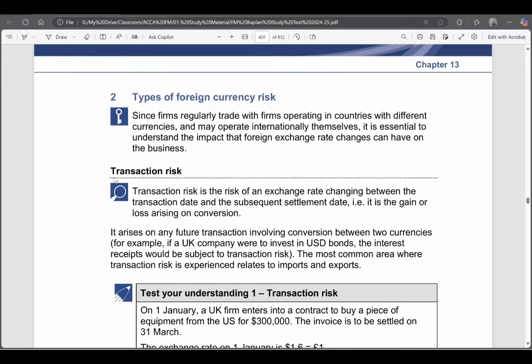So if we are based in Dubai and our customer is based in India, or our customer is based in Singapore, and they are going to pay in their home currency, then we have to worry, right? By the way, we don't need to worry if we are receiving money today.